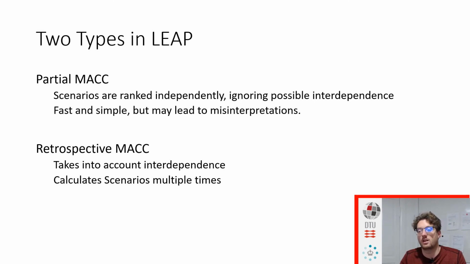That takes account of the interdependence between the different policies, but we do have to calculate the model each time for each policy, because it first calculates all the different policies, and then sees how much it benefits the policy we are working on.